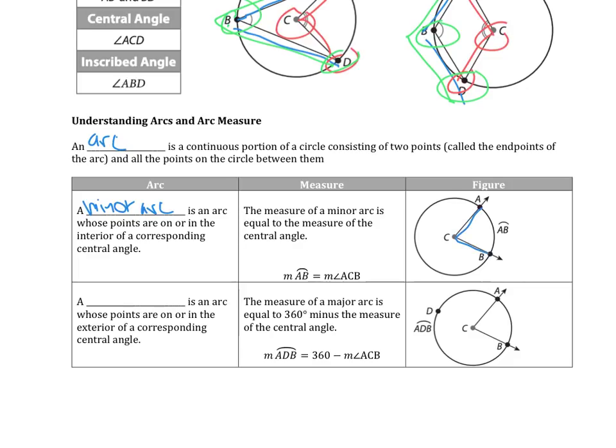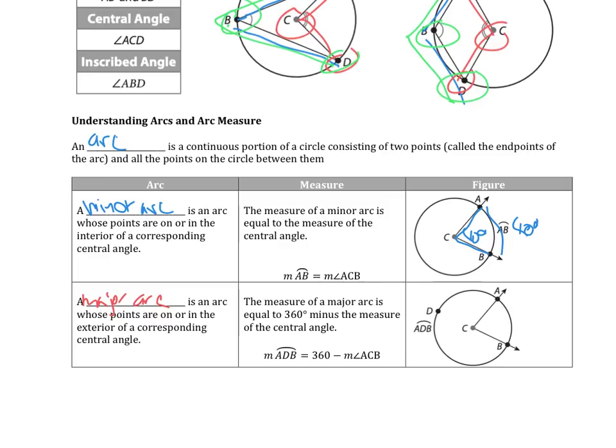So there's my central angle, there's my arc. Those would be two equal things. If this was, say, 40 degrees, this one out here would be 40 degrees. Minor is because it's the smaller portion of the circle, as opposed to a major arc, which is an arc whose endpoints are on or in the exterior of a corresponding central angle.